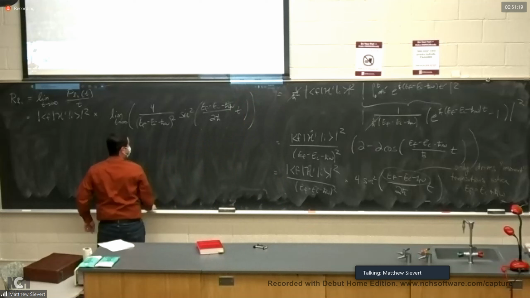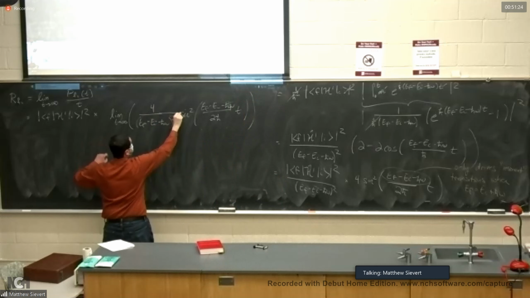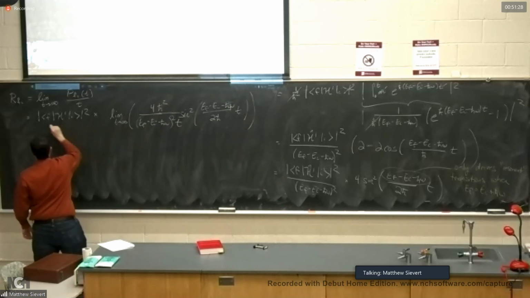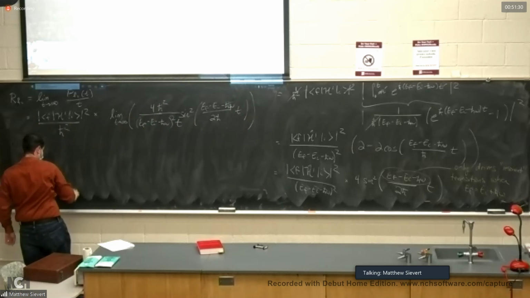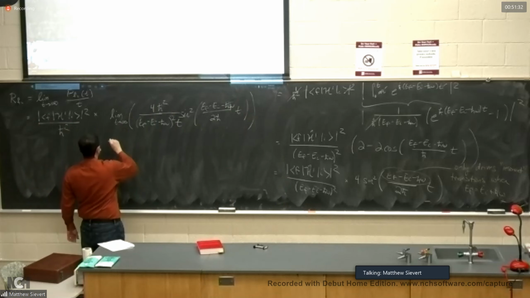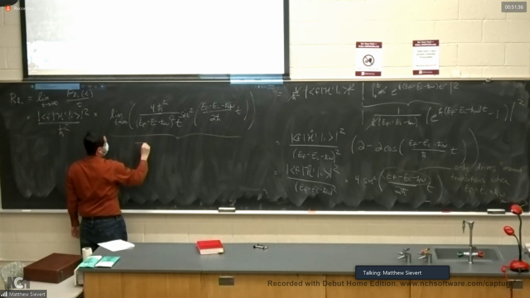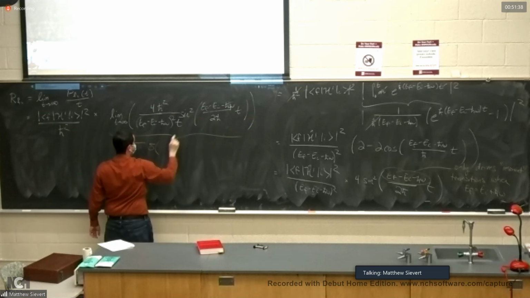This thing is going to become a delta function as long as I've got 1 over omega squared and t, that's important. I need to multiply and divide by h bar squared to make this thing become the delta function. And in the limit, this delta sequence approaches pi delta of this argument.